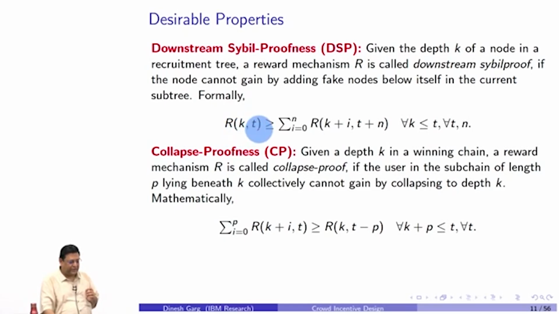One is T, the length of the winning chain, and K is the location of a node in that winning chain, right? So suppose R(K, T) is some function: you tell me whether the person is a member of the winning chain or not. If the person is a member, tell me the length of the winning chain and the location of the node in it, and I'll give you back the recommended reward.